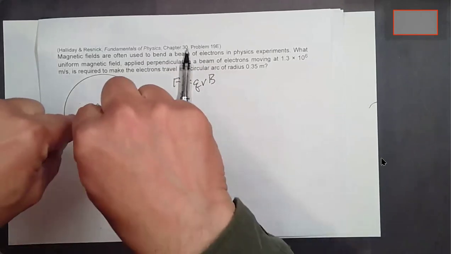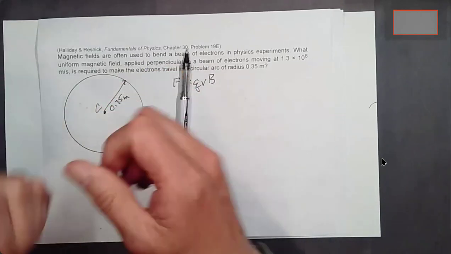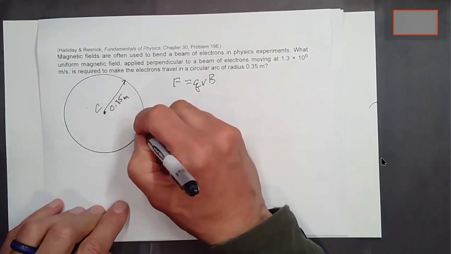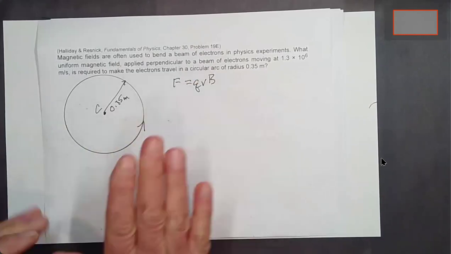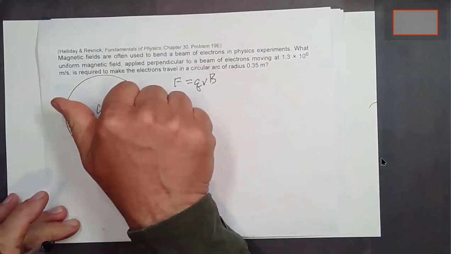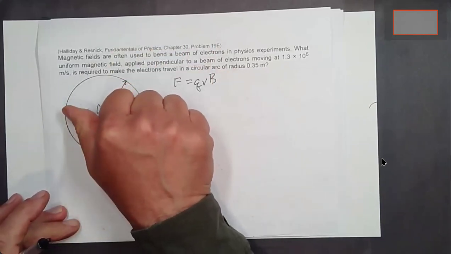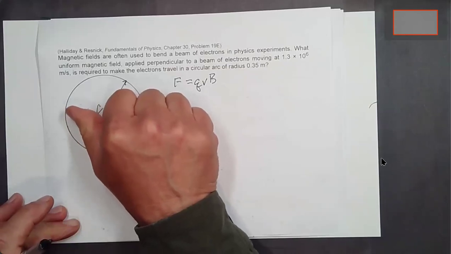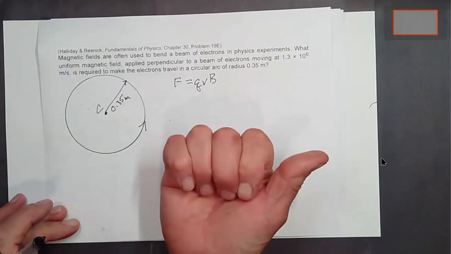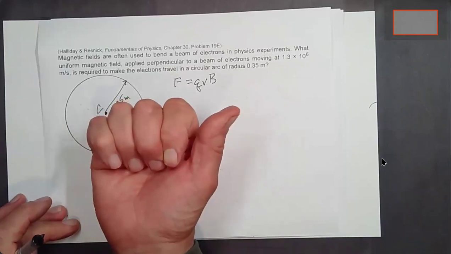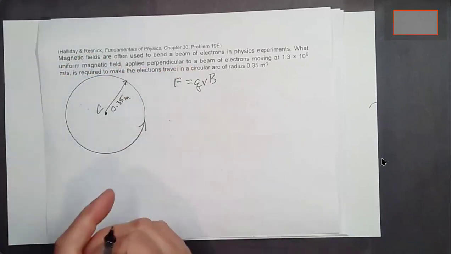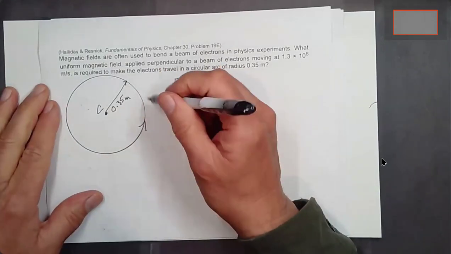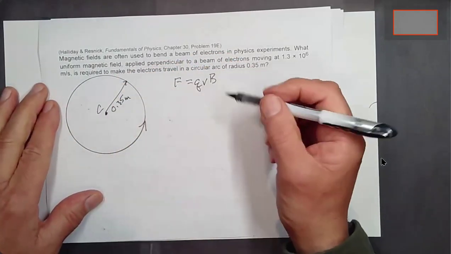So the magnetic field is either pointing down or up. If the electrons are traveling in this direction, V cross B would point to the inner thing, but QV cross B would point that direction because the electron has a negative charge. So the magnetic field here must be pointing up out of the page from this viewpoint to get a counterclockwise circle.